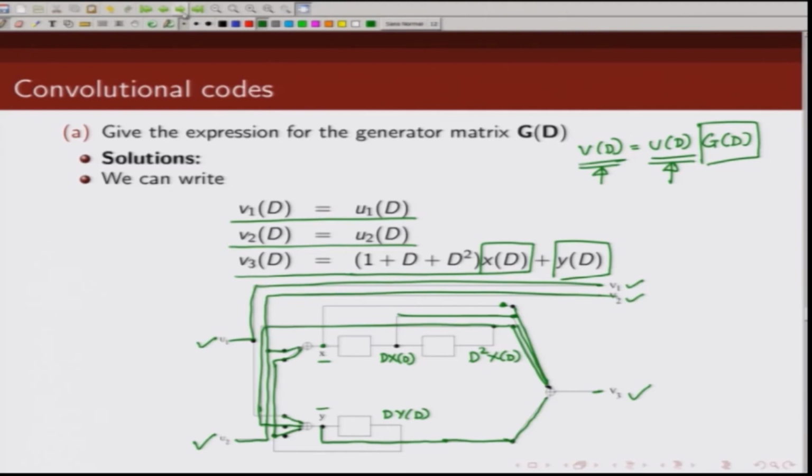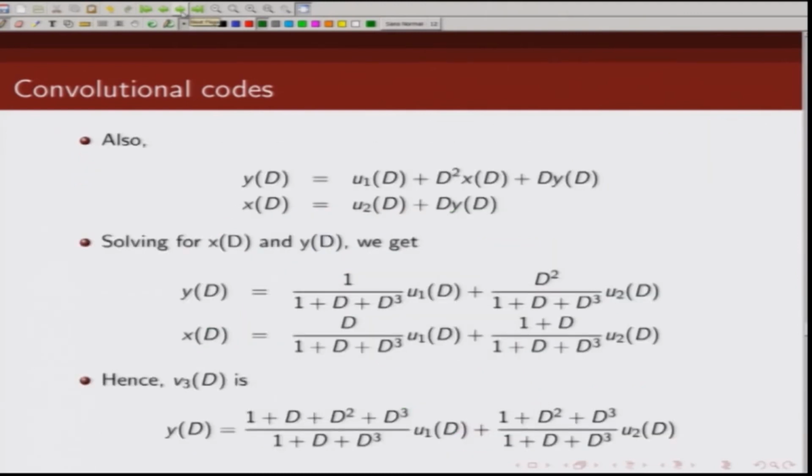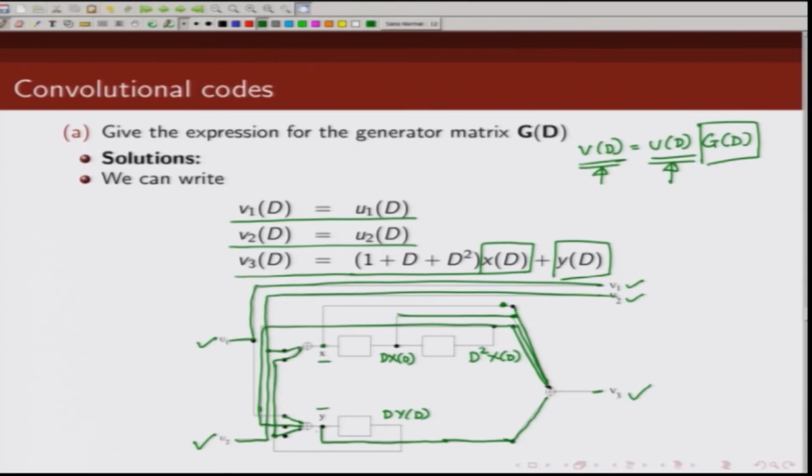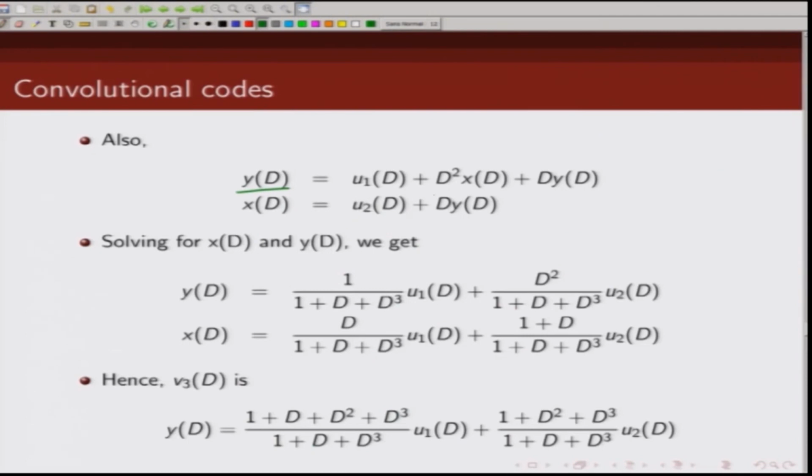Okay. So, we can write two more equations for x of d and y of d. Again, y of d is u1 of d plus d square x of d.